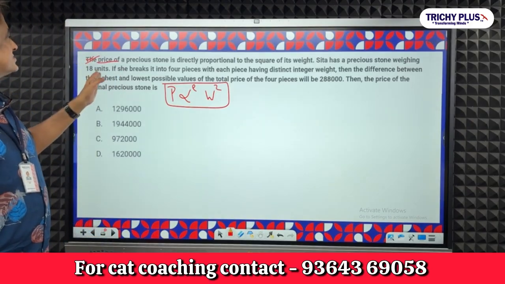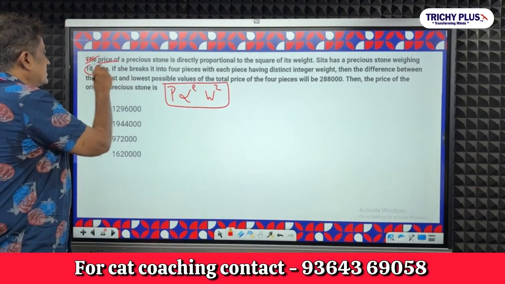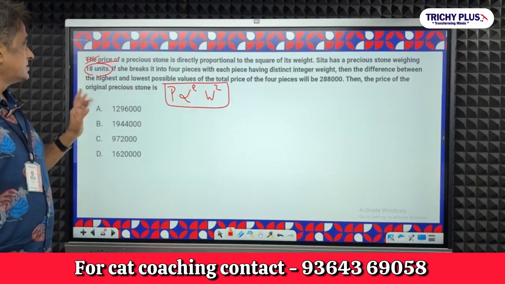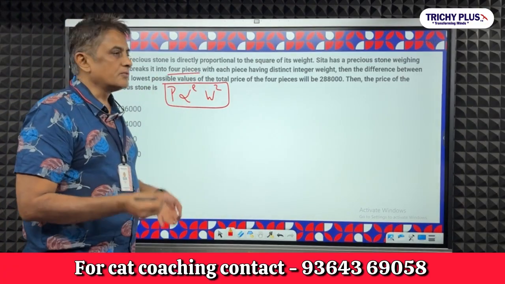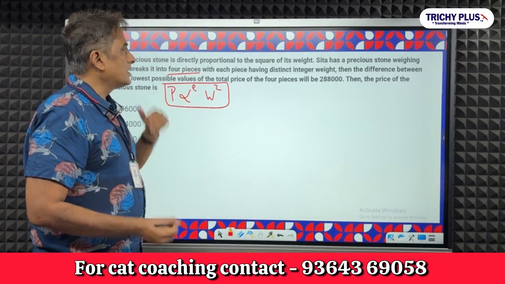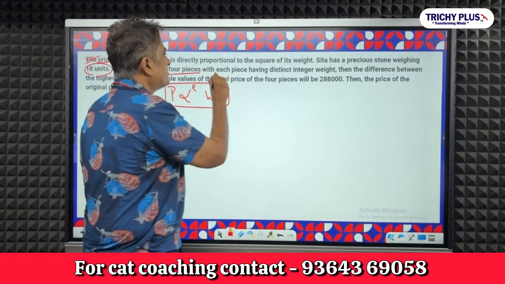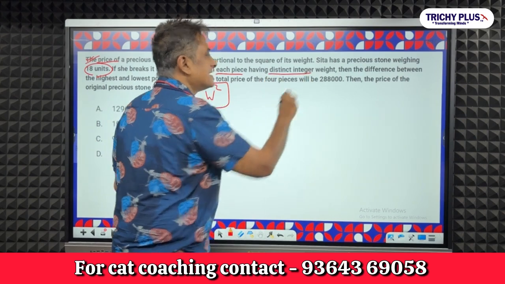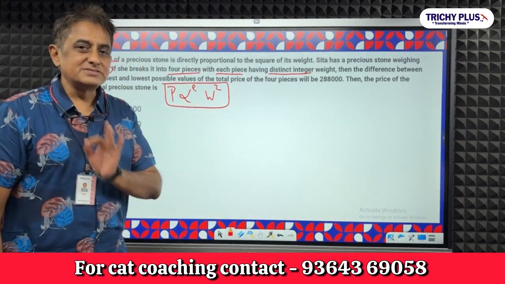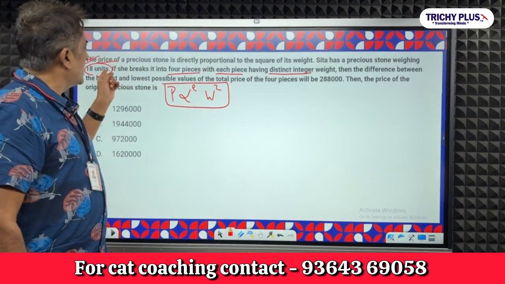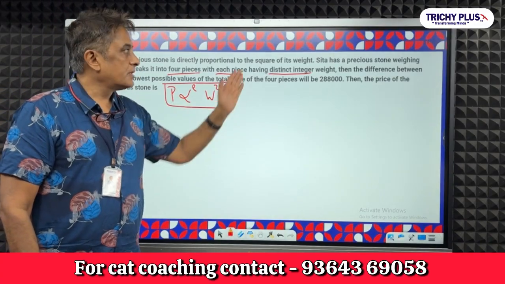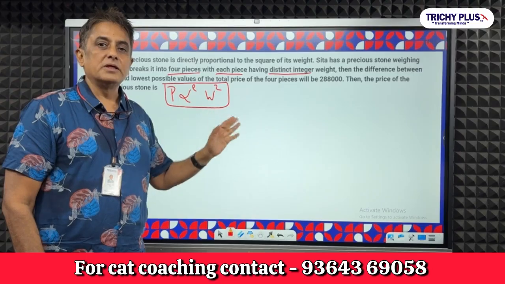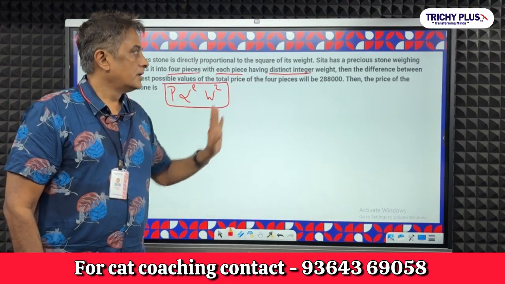Sita has a precious stone weighing 18 units. If she breaks it into 4 pieces, with each piece having a distinct integer weight, that means it's a number. When it breaks, 18 units won't break into 1.5 units or 3.5 units. It will all be integer. It can be either 1, 2, 3, 4. Okay, fine.